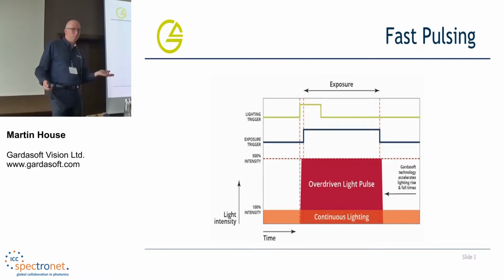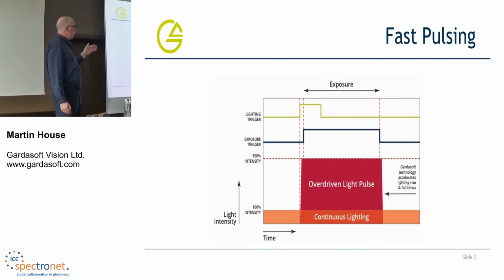Because LEDs are effectively current-driven devices, you can actually get a lot more light power out of them if you're using them within a certain pulse width. So you can see here in this example, we've got a continuous illumination set at a nominal 100%. But if we were going to use it to its truest potential, we could use a short pulse, but really increase the brightness. And here in this example, we've increased the brightness by 5 times. I imagine a lot of you already know that sort of thing.